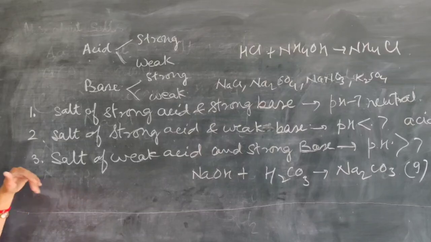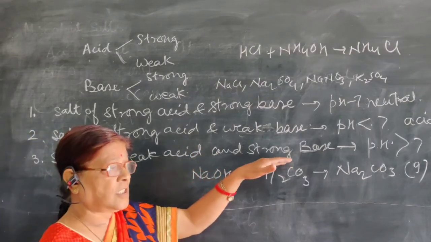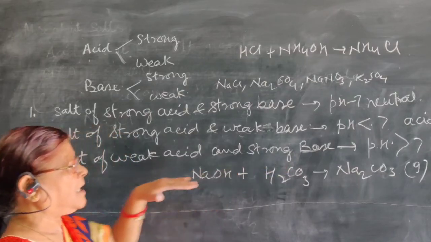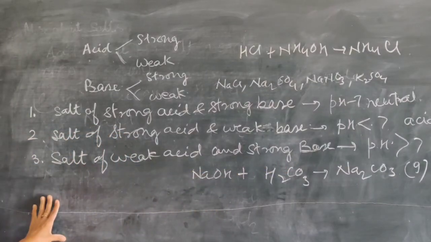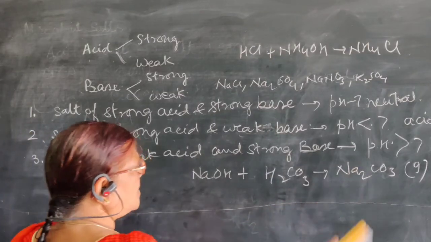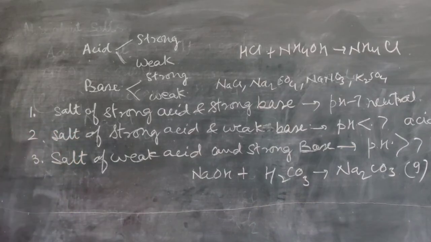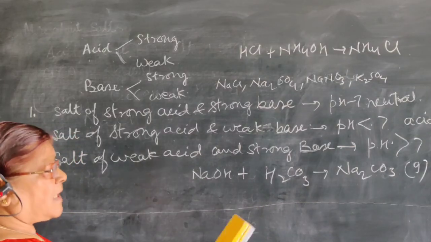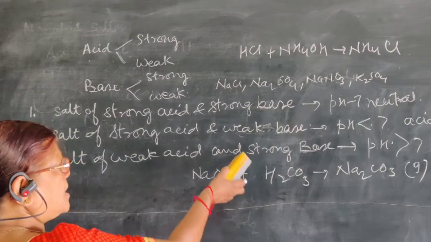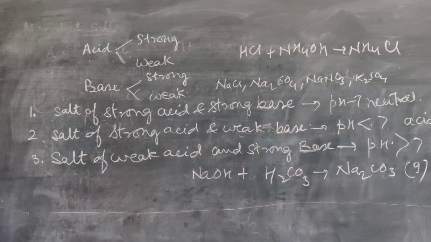Now the third is the salt of a weak acid and a strong base. Here the base is strong and that's why the nature of the salt will be basic. For example, we can write sodium carbonate, and some other salts are there, many of organic compounds: sodium oxalate, sodium acetate, because acetic acid is a weak acid. So these are the examples for a weak acid and a strong base.